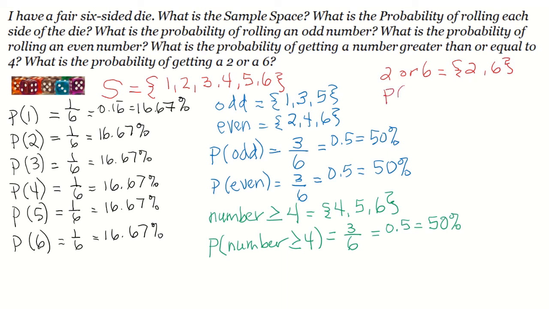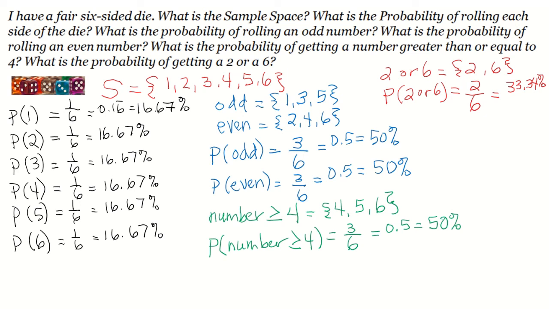So when I get the probability of rolling a 2 or a 6, I'm going to take my 2 outcomes divided by the total 6 possible outcomes, which is going to give me 0.33 recurring, which is 33.34%. So I have a 33.34% chance of rolling a 2 or a 6.